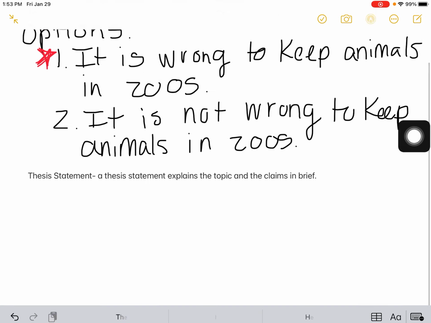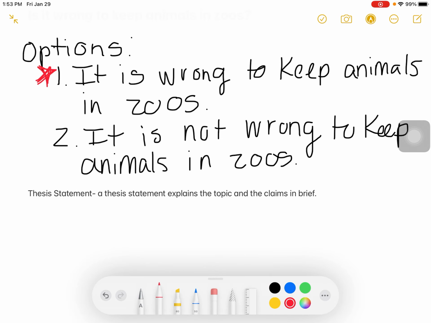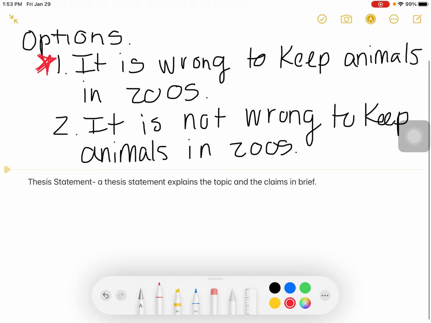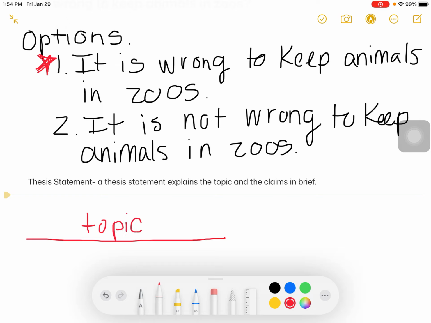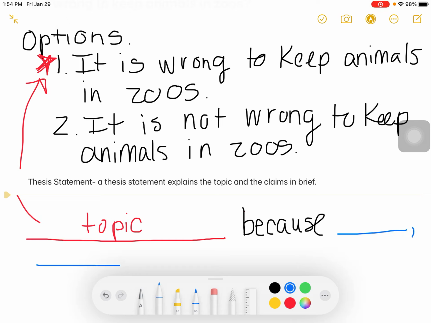So basically, a thesis statement will be topic, which mine is that, because blank, blank, and blank.